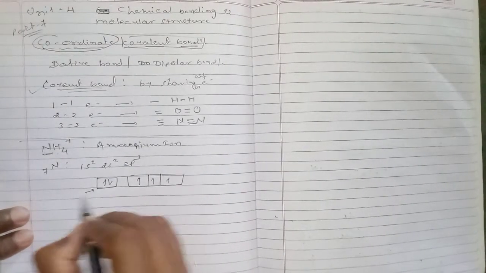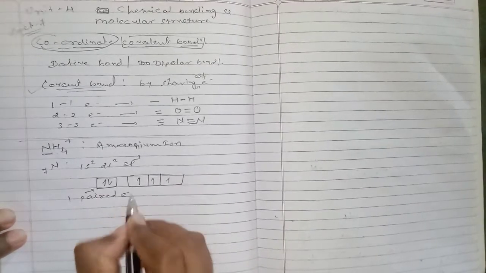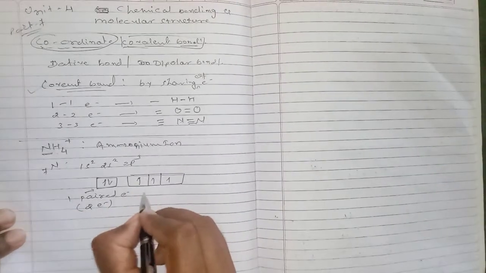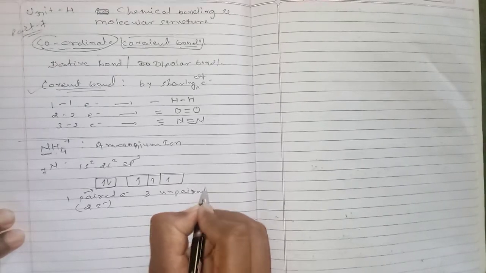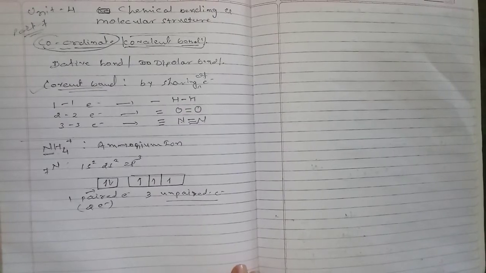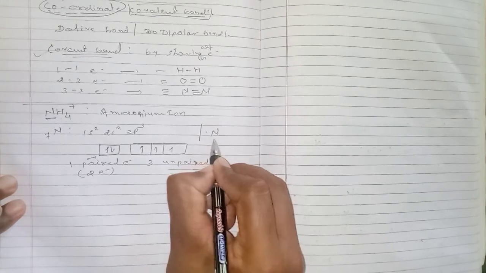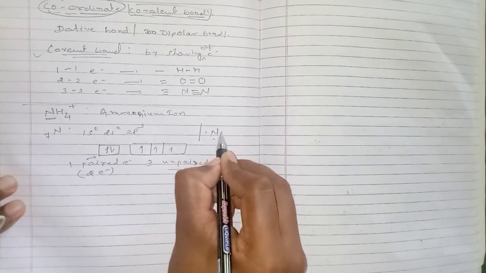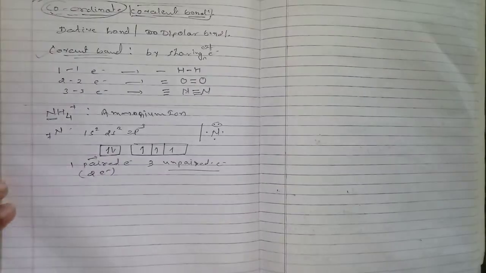So around the nitrogen atom there are 3 unpaired electrons and 1 paired electron, meaning 2 electrons.